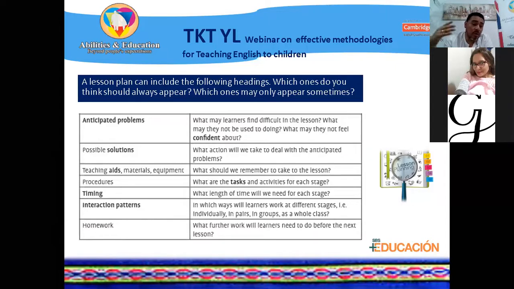You know, we are employees, we have to do it this way. But I want you to keep in mind that the most important thing is not what you put on the piece of paper, but what you do inside the classroom with the learners. All right?